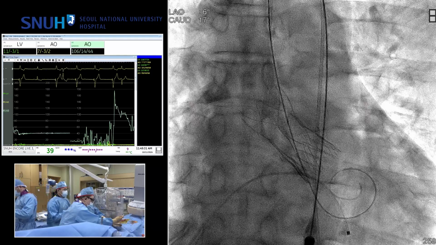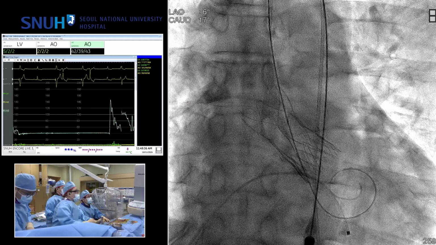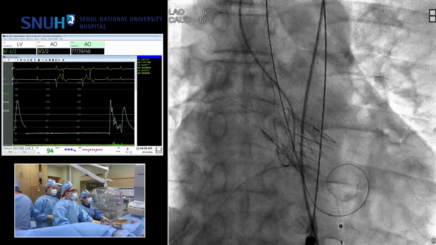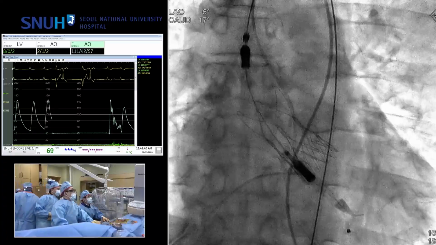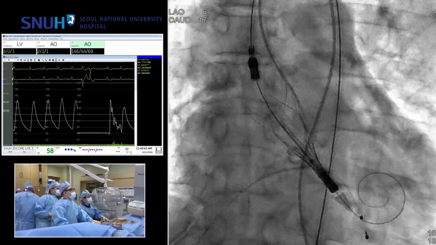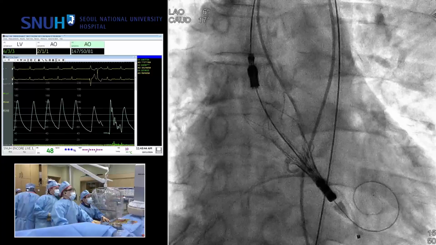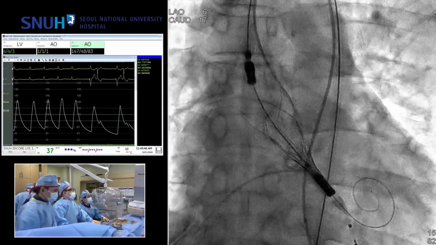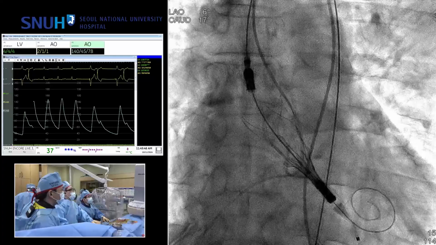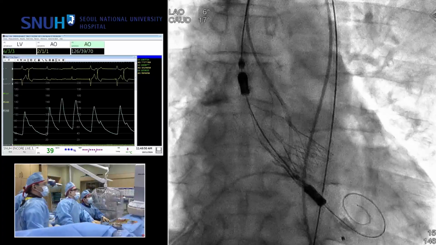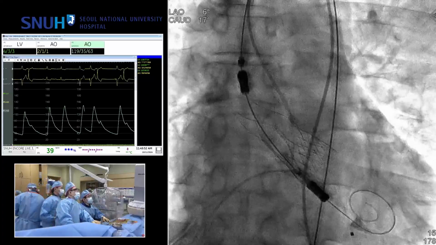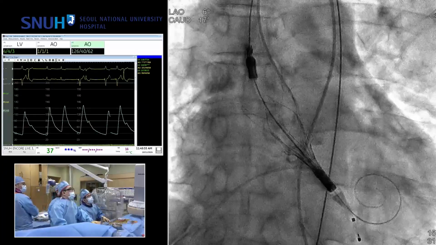Stop the pacing. Okay. And then something wrong, and the pacing, start pacing. Now the spontaneous first degree AV block. No second degree AV block. Mobitz, Wenckebach. 3-2.